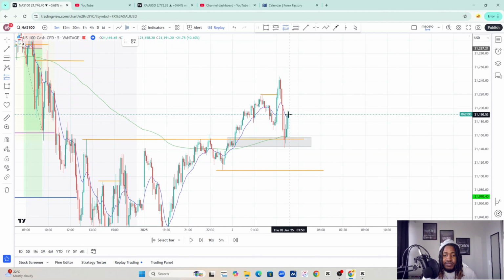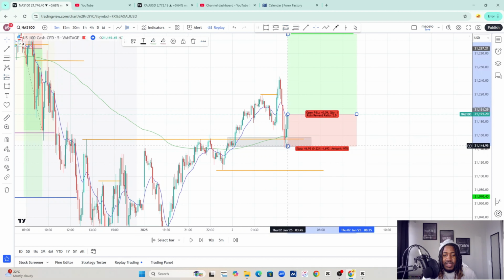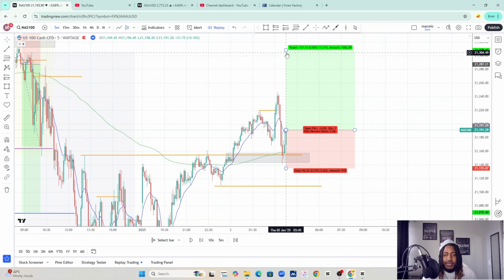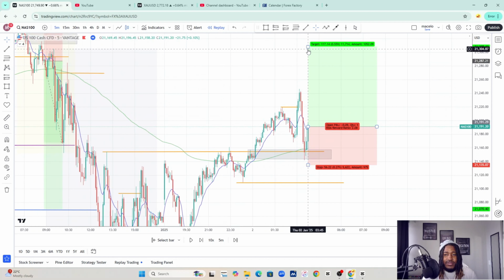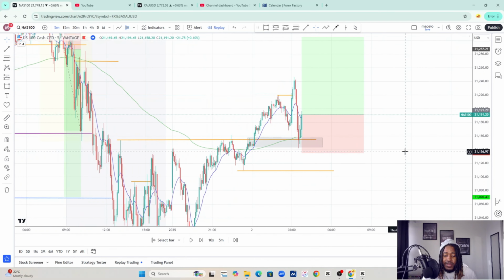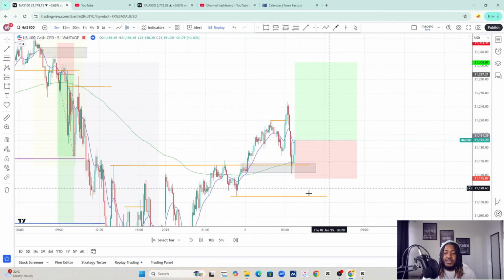Price gives you this bullish candle here. Okay, so I'll be taking that. My stop loss will go a little bit below this area. My TP would go back to the New York highs right there. Okay, let's see how this plays out.